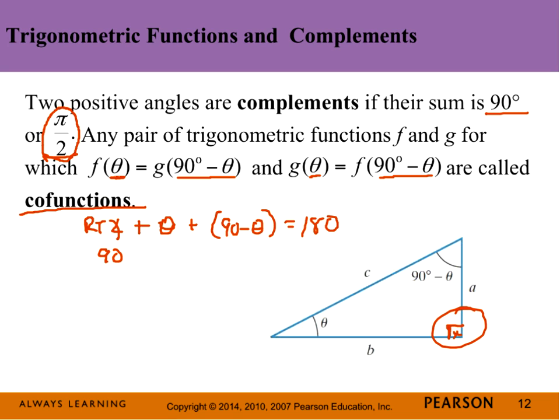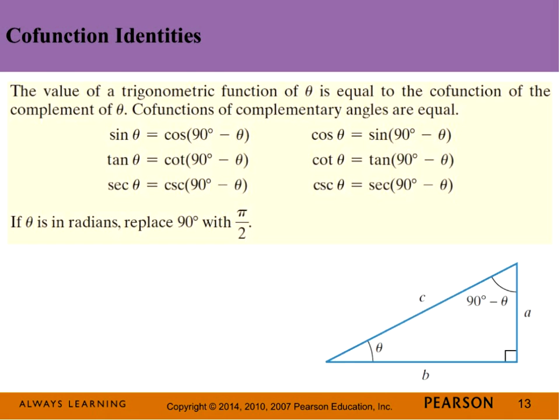That means you've got 90 degrees left to split between the other two angles. So theta plus 90 minus theta has got to equal that other 90 degrees. Okay, we just have the cofunction identities, which is on the next slide.